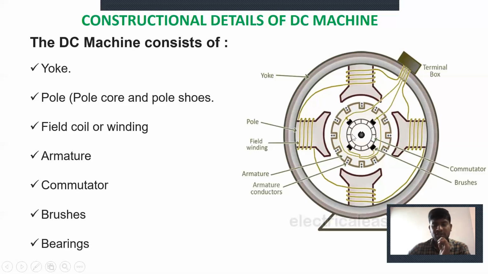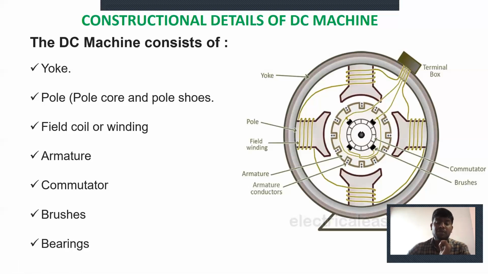Next is the commutator. It converts the alternating EMF into direct current EMF, that is, AC into DC conversion. Next are the brushes, which are made of carbon material.